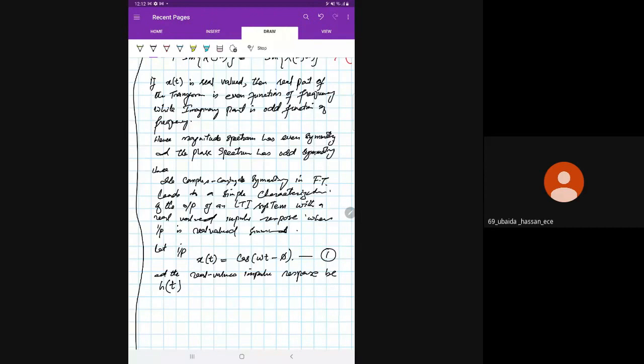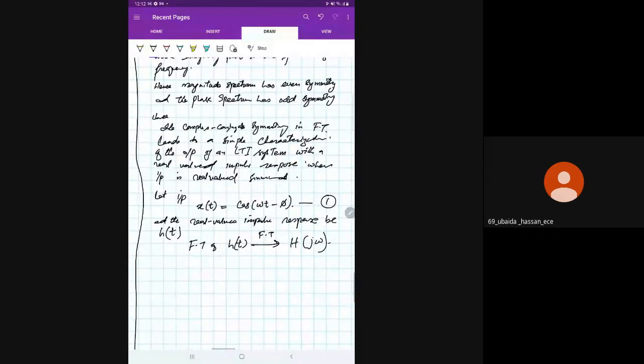Okay. So then what is the Fourier transform of h of t? The Fourier transform of h of t will be equal to H of j omega. So if we use Euler's formula on equation 1, we can write x of t in terms of Euler's formula, because it is a cos theta now.